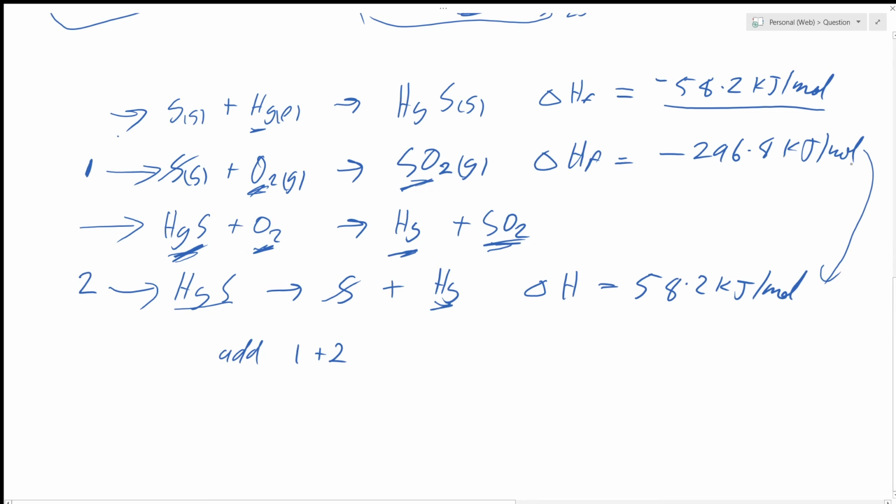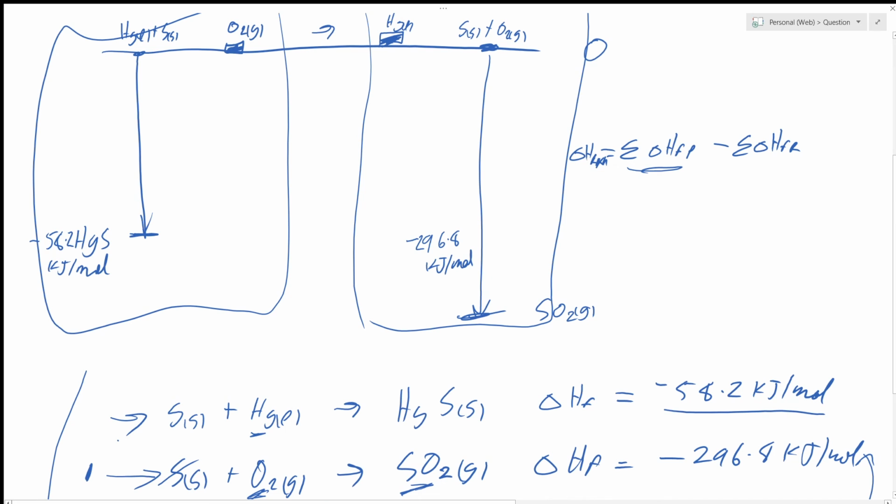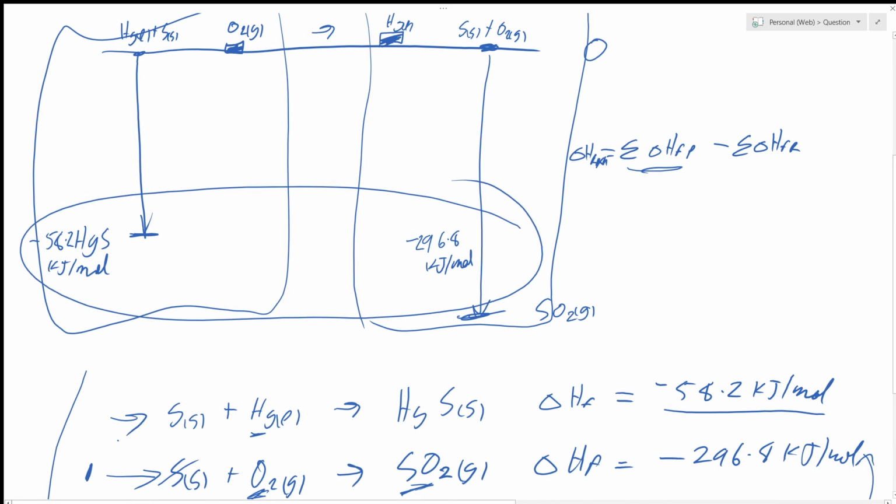We could add these two numbers together to give us our delta H of our reaction. It's minus 238.6 kilojoules per mole. So this is the Hess's law way of doing it, and we get exactly the same value as we do with this method here. So you can see we can get the heat of reaction just by thinking about the heats of formation of compounds.